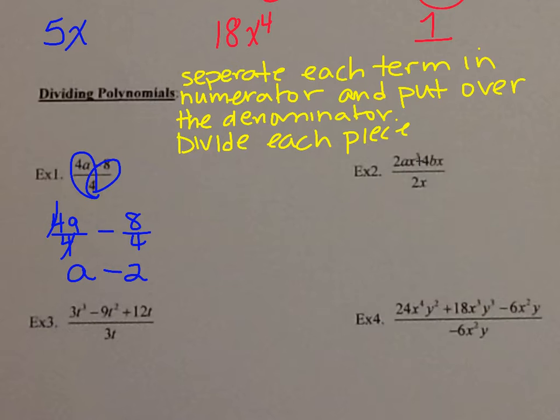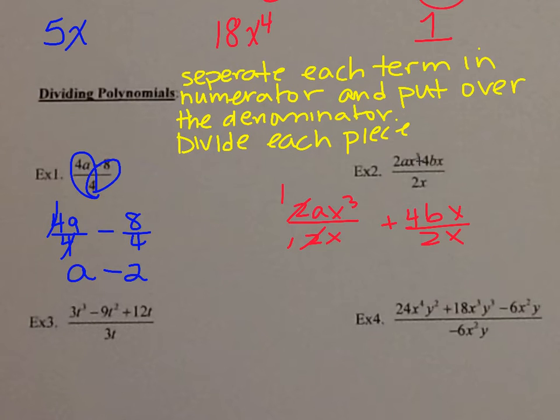All right, number 2. We have 2ax to the third over 2x, plus 4bx over 2x. All right, so the 2 and the 2 reduce to 1 and 1, because anything divided by itself is 1.